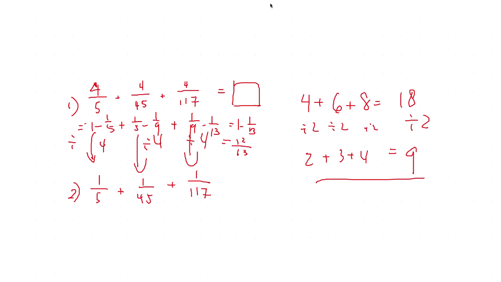So this one equals what? Divided by 4, divided by 4, divided by 4, divided by 4. So equals what? 12 over 13, what? Grace? Divided by 4 equals 3 over 13.